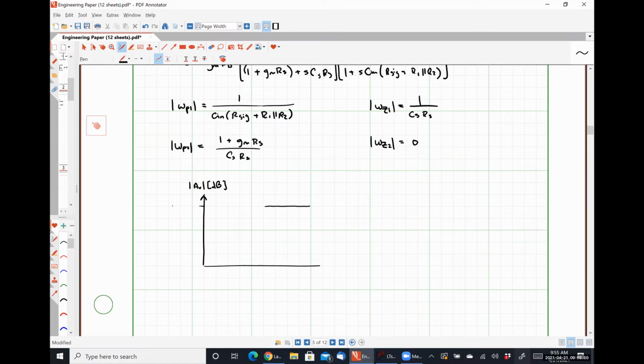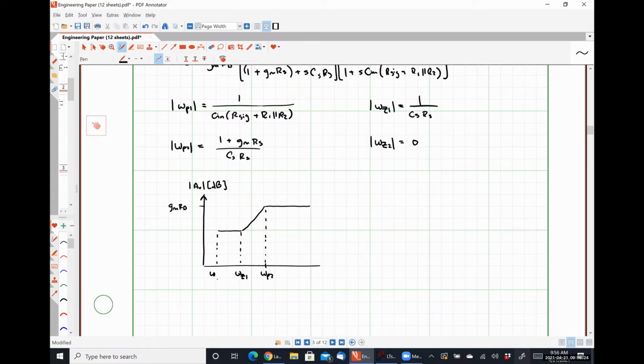So I have a gain of gm RD at omega P. I see that pole, so I'm going to start to fall. At omega Z1, I see a zero, so it flattens out for a bit.